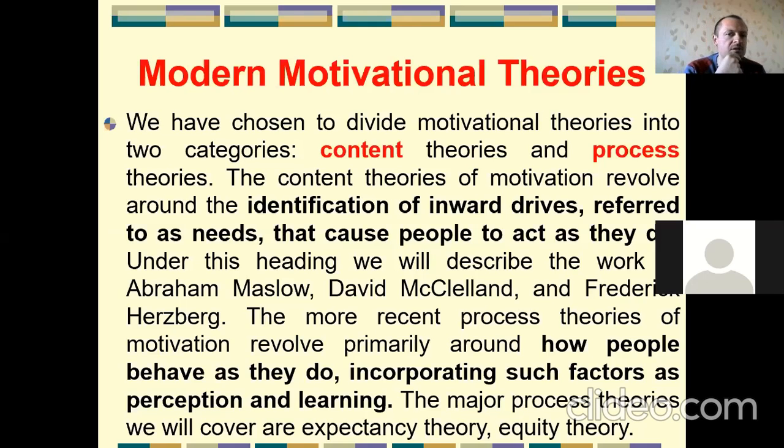All these theories are content theories, and regarding process theories of motivation, we will speak about expectancy theory and equity theory. So generally, in our part connected with motivation, we will analyze 5 theories of motivation.